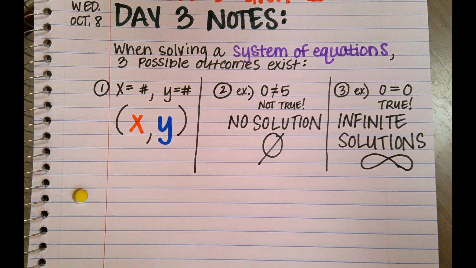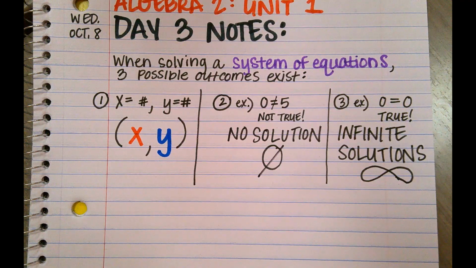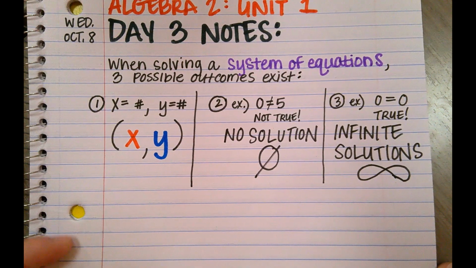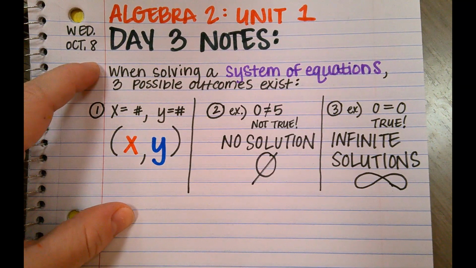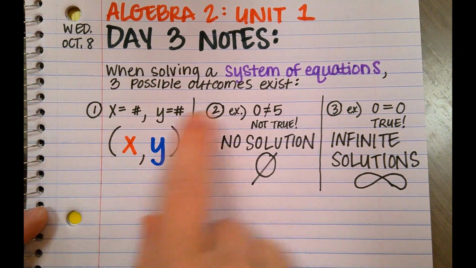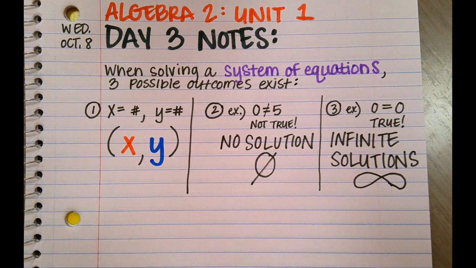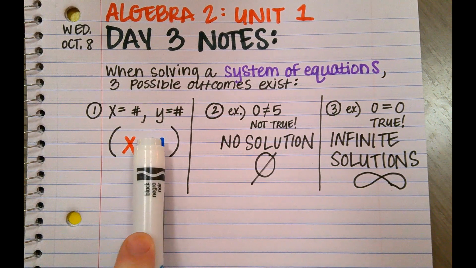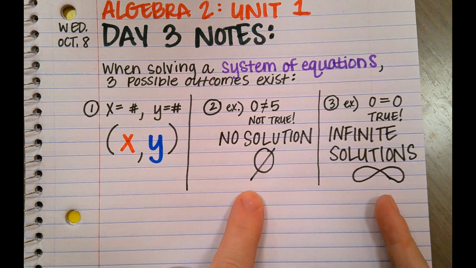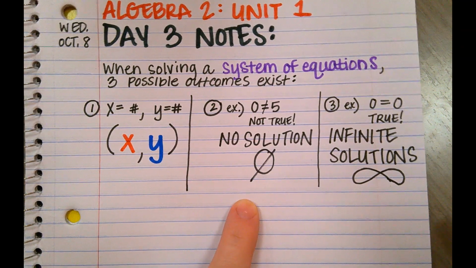All right. So we're back from our break, and so basically during our first half of class, we just did the do now, the first 4 problems, and then we took this short little section of notes talking about the 3 possible outcomes when we solve a system of equations. We'll either get one value for x, one value for y, or the second and third options, you're not going to really get a value for x or y.